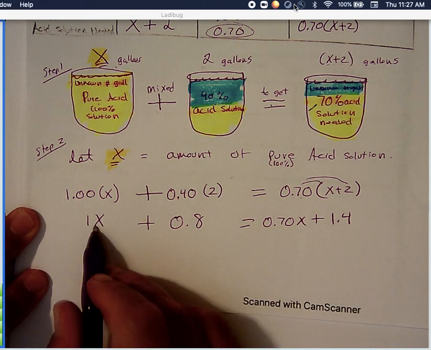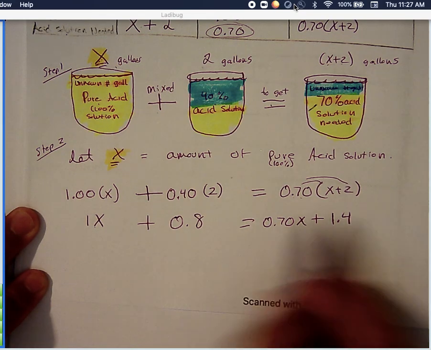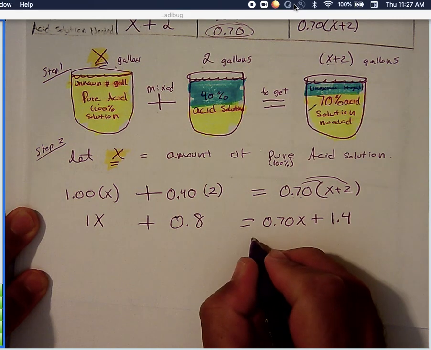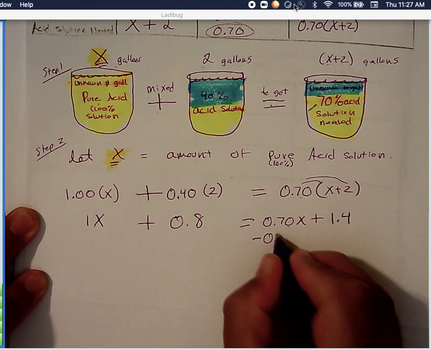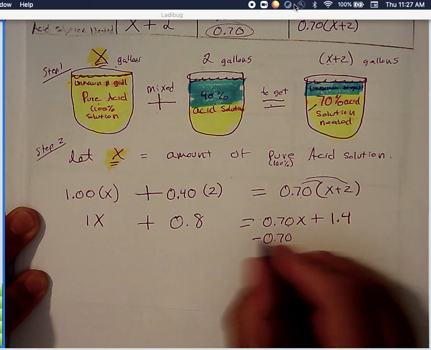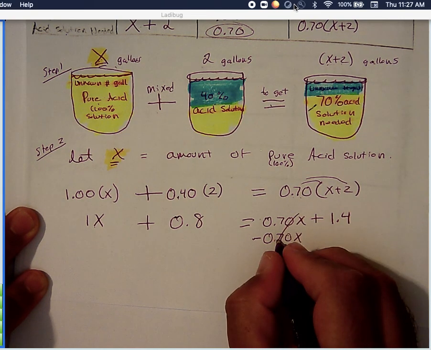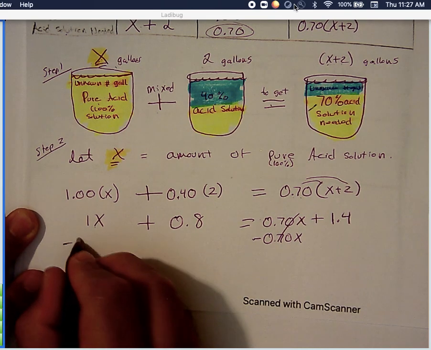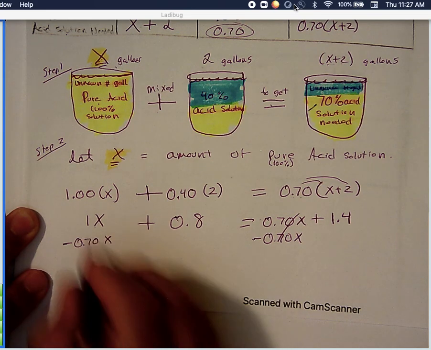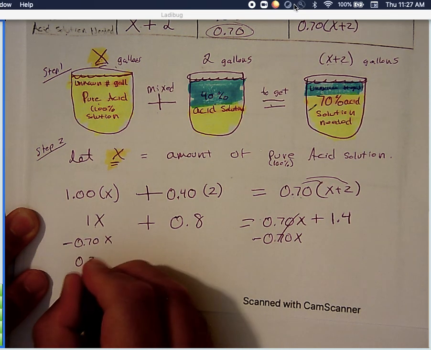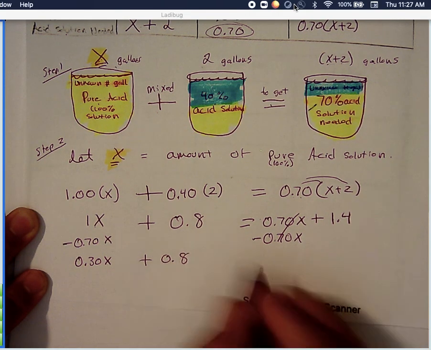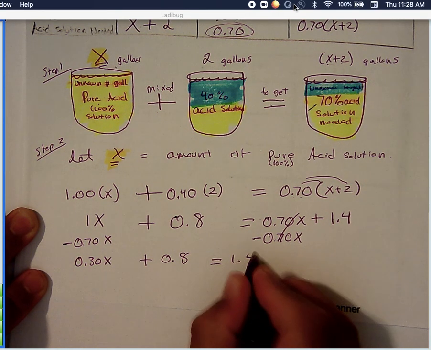Here we can combine anything, and here we can combine anything, but we can bring this one to the other side by subtracting. The inverse of positive 0.7x is negative 0.7x, so this one becomes a 0, negative 0.70x, so that gives us 0.30x plus 0.8 equals 1.4.